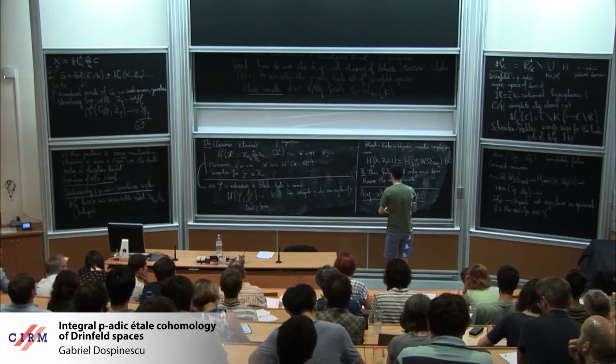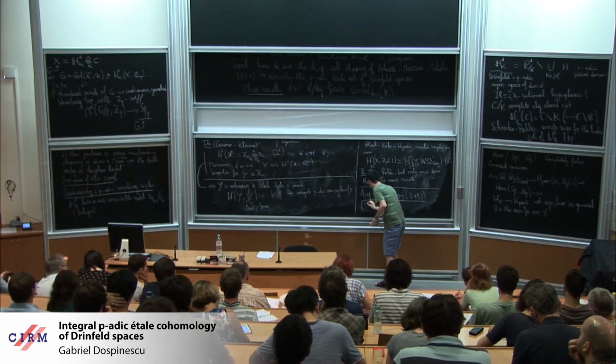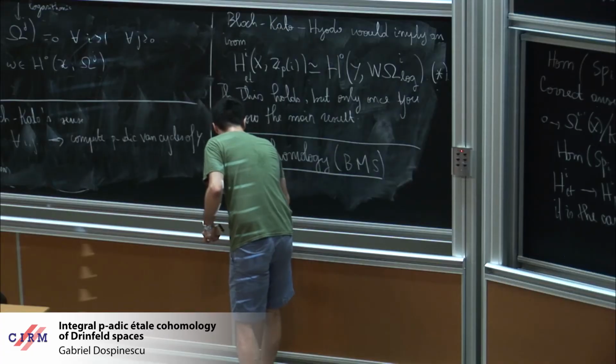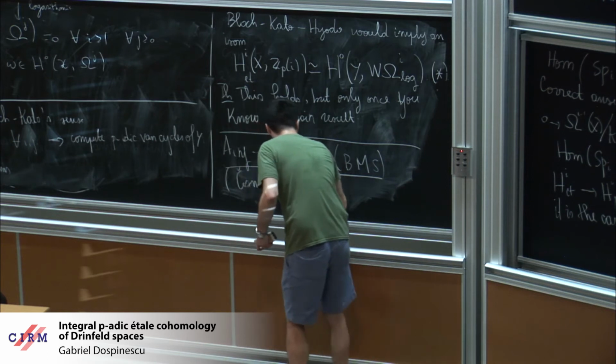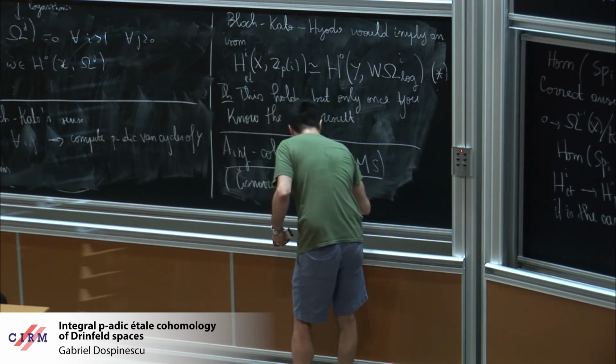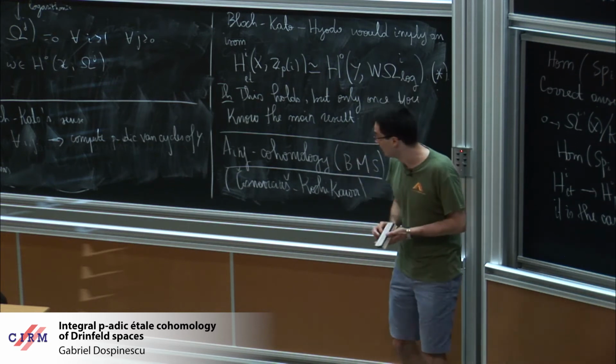I should mention that I'm using this in the semi-stable case. So this is work of Cesnavicius and Koshikawa, who extended many of the results in BMS to the semi-stable case.